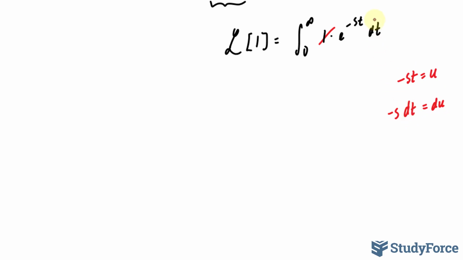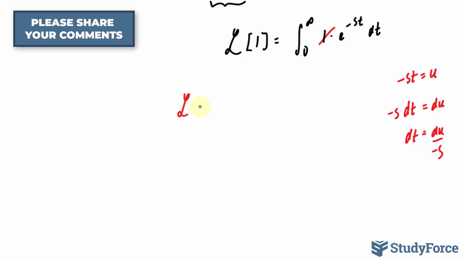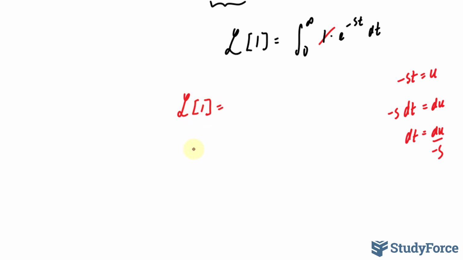Solving now for dt, because I want to eventually replace this, we end up with dt is equal to du over negative s. So we have the Laplace transform of 1 is equal to the integral for e to the power of u, and this being replaced with du over negative s.